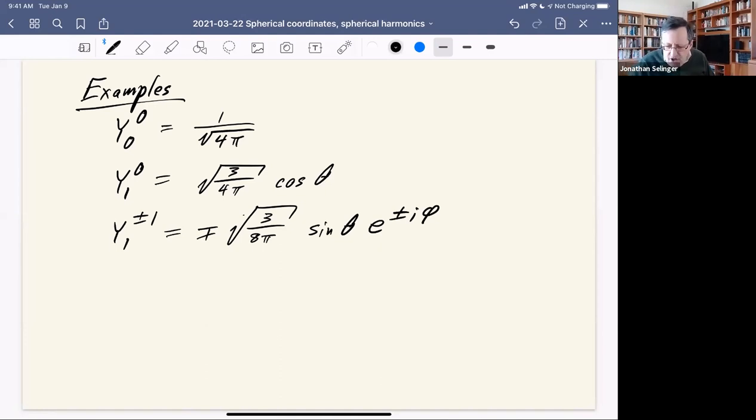Okay, so these are a few examples of the spherical harmonics, et cetera, et cetera. There are more written out in your quantum textbook, and also, I assume, in your math textbooks. Let me show you some things about them in Mathematica. That would be maybe more interesting.